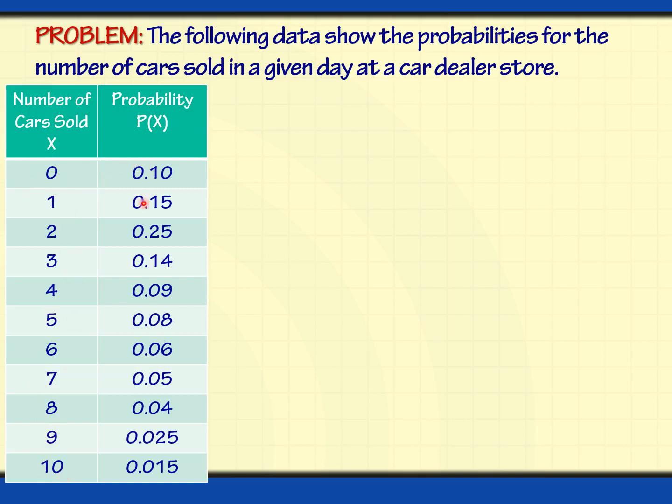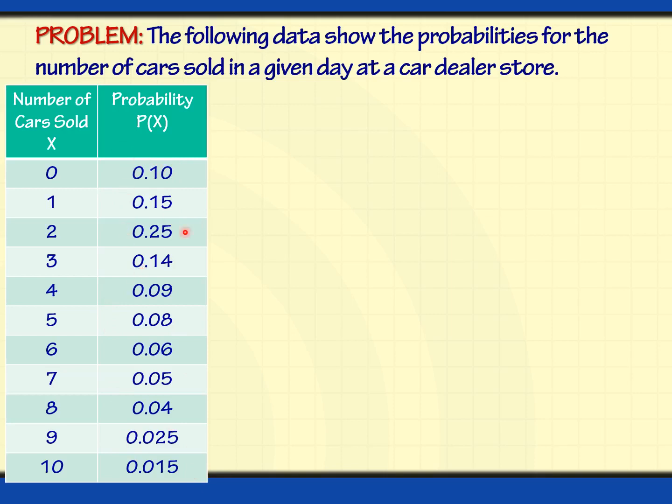And on the second column is the probability that no cars are sold, 0.10. 1 car sold, 0.15, and so on. If we add up all these probabilities, this will be equal to 1, which is property number 2 of a discrete probability distribution.